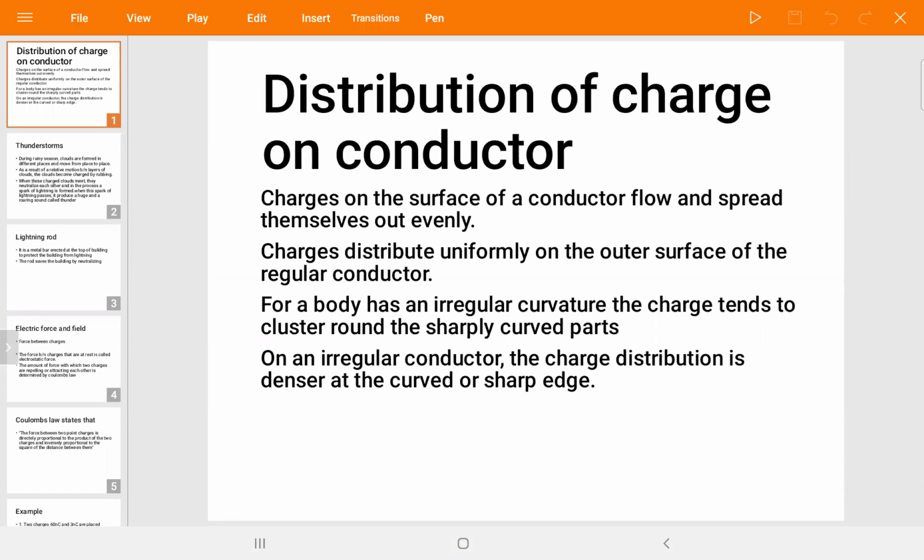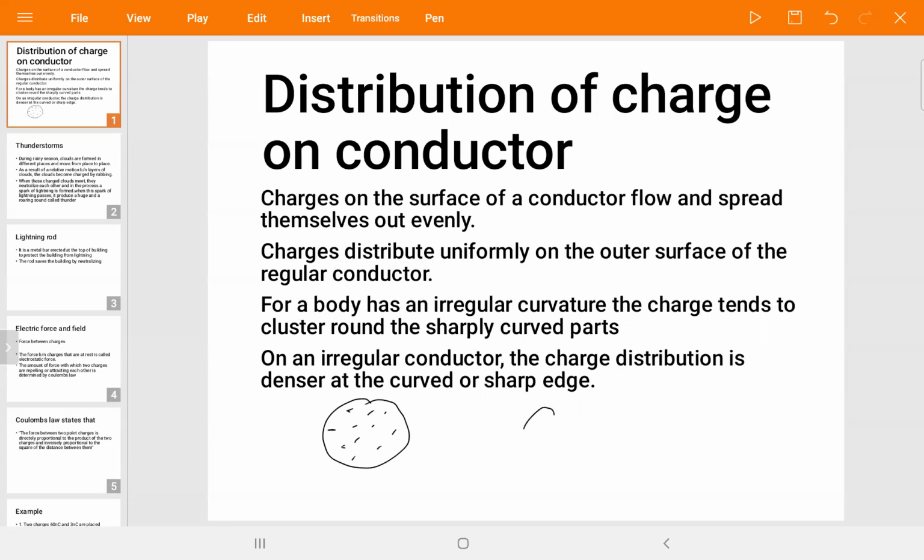But what if the metallic conductor is not regular shaped? If it is a sphere, for example, the charge will distribute evenly. If the net charge is negative, it will distribute uniformly in each part of the sphere.